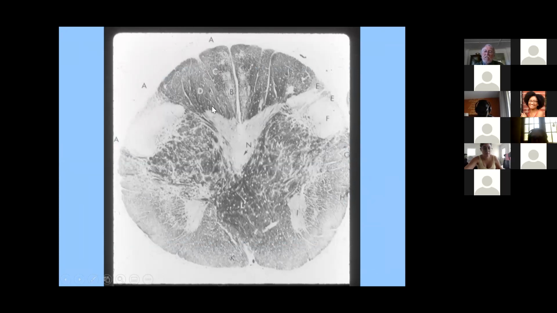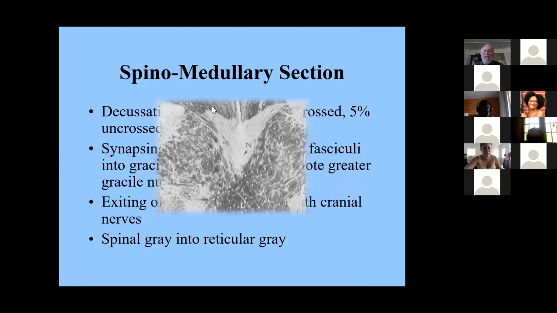Not much nucleus cuneatus. Now, in this section, what are we now seeing that occupies the center? What we see is very little fasciculus gracilis and mostly nucleus gracilis. Here we see quite a bit of fasciculus cuneatus, but we see an emerging nucleus cuneatus.